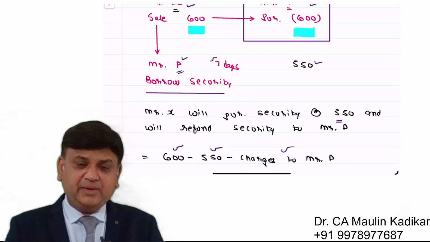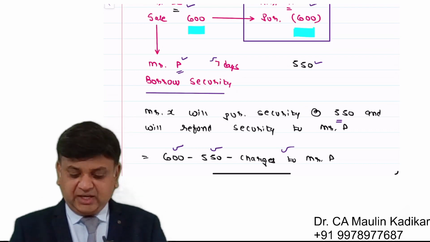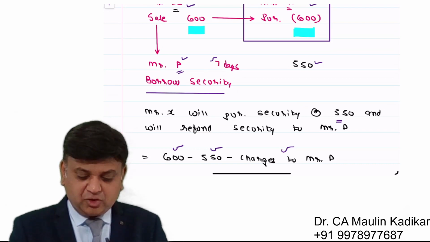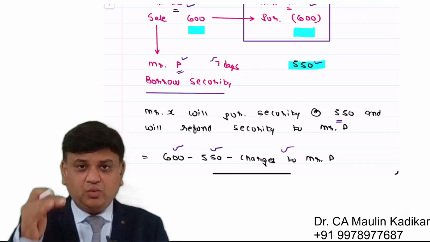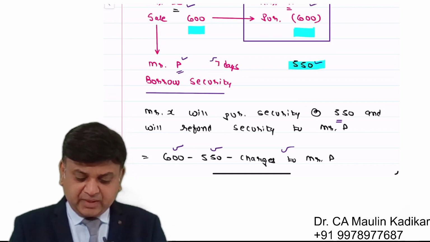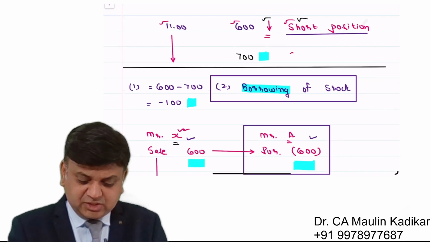And friends, it may happen that the 7 days expire, and unfortunately the news information was wrong and the price did not go down. Instead of that, the price further increased, and let us say that the price increases to 800.